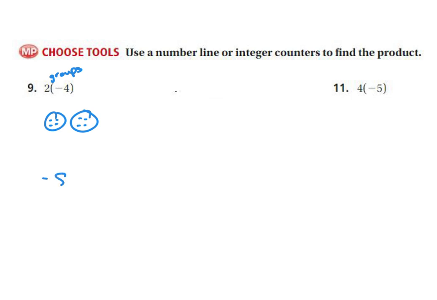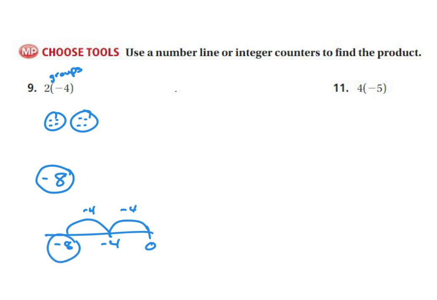So that would be negative 8. If we did a number line strategy, we would have 2 jumps of negative 4. So we'd start at 0 and we would jump negative 4, and then another negative 4 to get to negative 8.